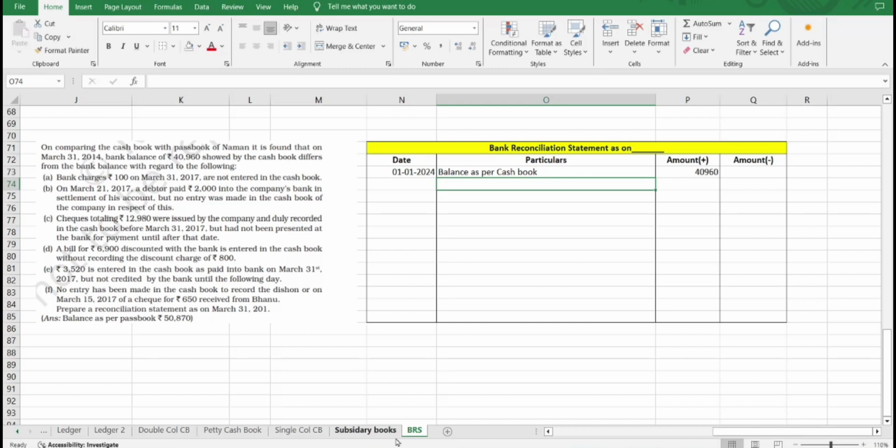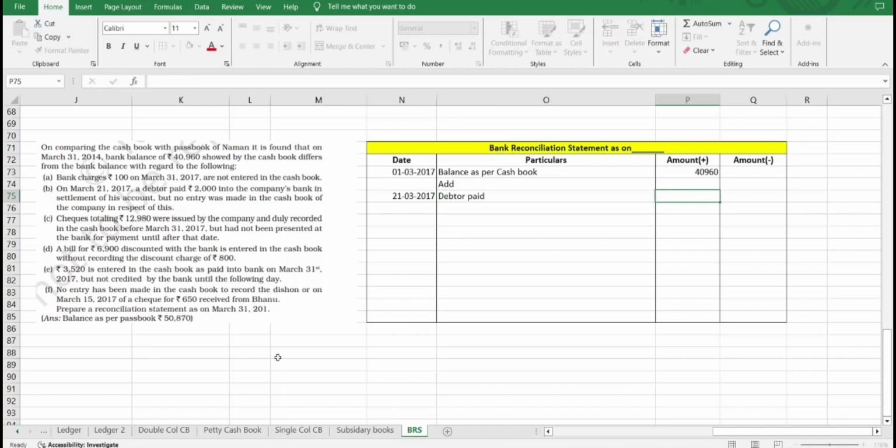Here the debtor is paying, which means there is an increase in the balance. So we will add this particular transaction that took place in March 2017. Debtor paid rupees 2,000.